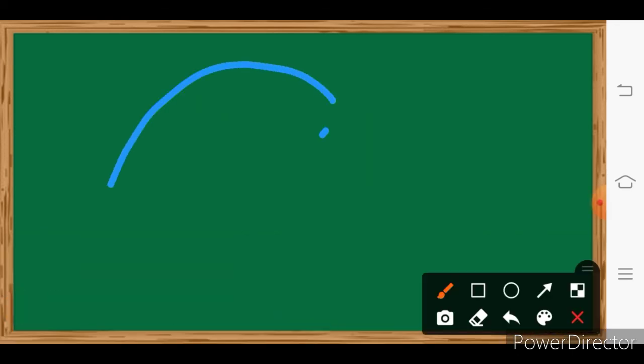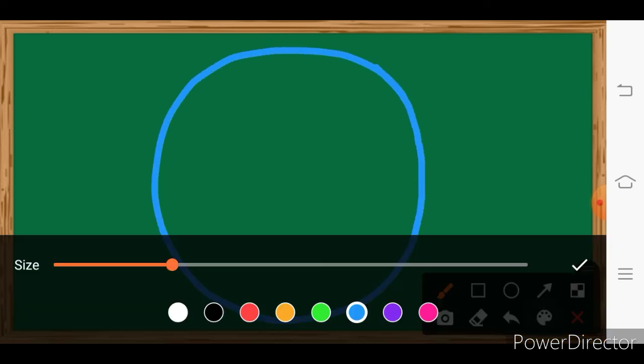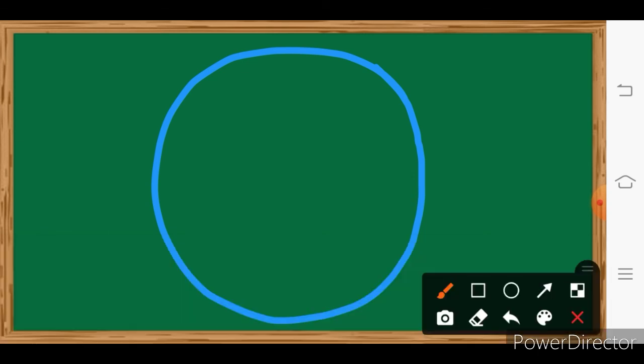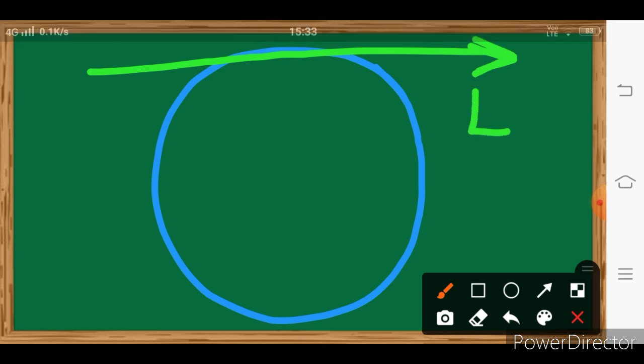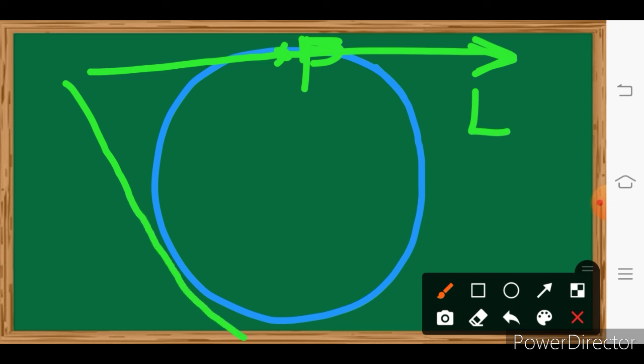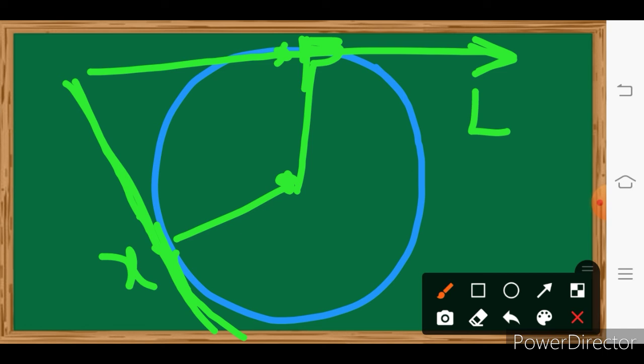If we take this circle, here is a tangent L. It touches at point P. Or if we take another tangent, it touches the circle at point X. This is also a tangent, and these tangents are perpendicular to the radius.